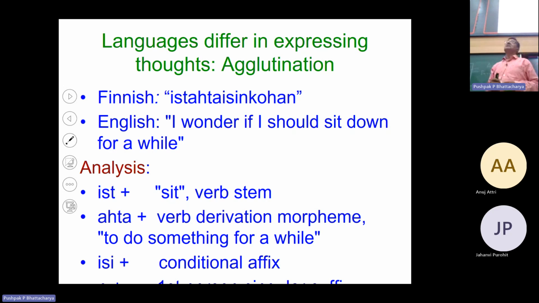But what is the semantically important verb here? Sit. Okay. So when I say I would like to drink some tea, it is drink tea, which is the main activity. Would like is semantically subordinate, but syntactically primary. Okay, so these are the morphemes which give rise to the words in the English sentence.